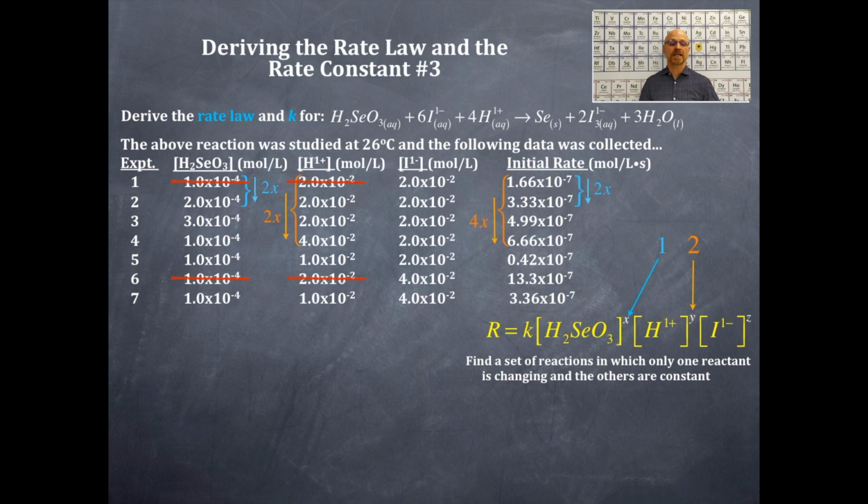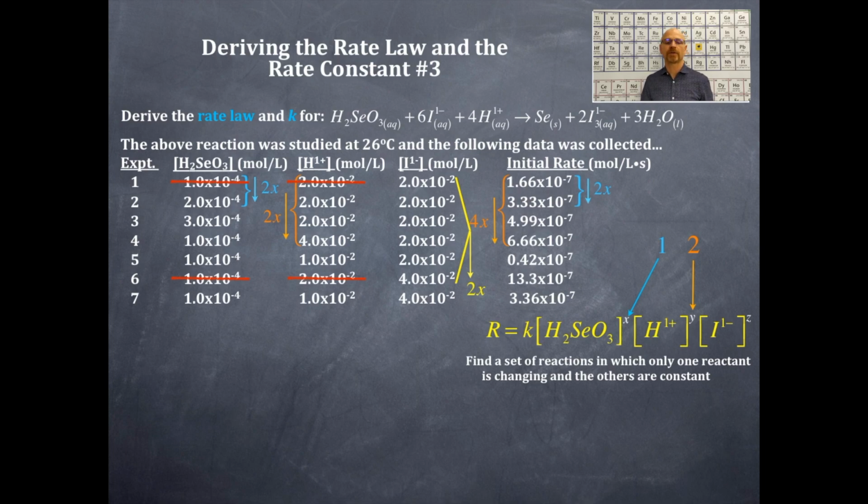And that happens to be experiments 1 and 6. If you see for experiments 1 and 6, the H2SeO3 remains constant, as well as the hydrogen ion concentration. The iodide ion concentration is doubling from reaction 1 to reaction 6.